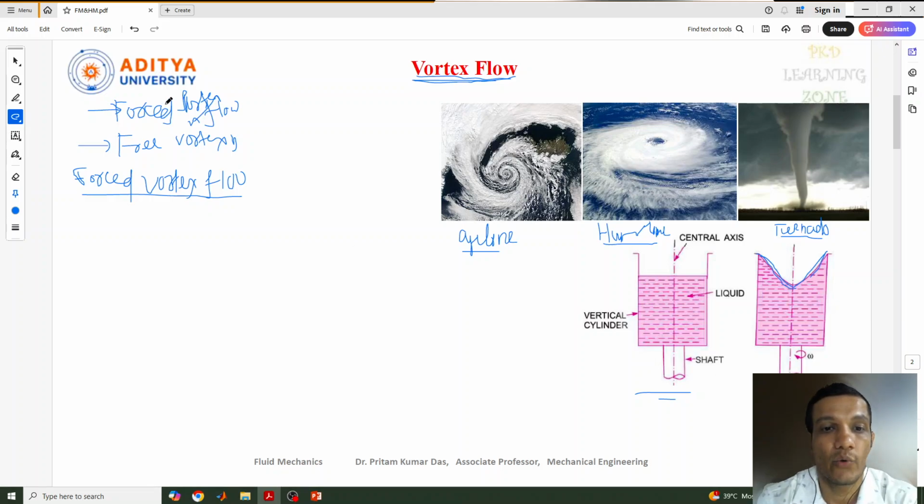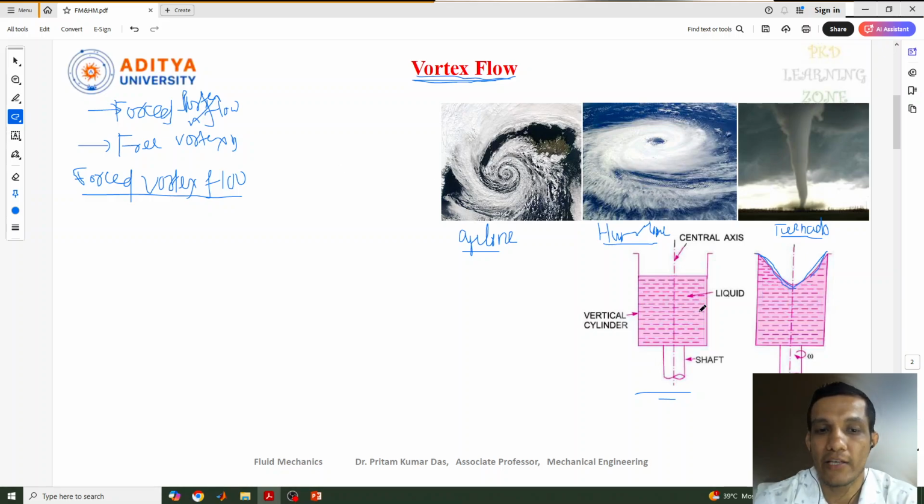In the definition I also told you that it rotates the mass of fluid, or the fluid along a curved path. Here the mass of fluid is rotated by some external torque.